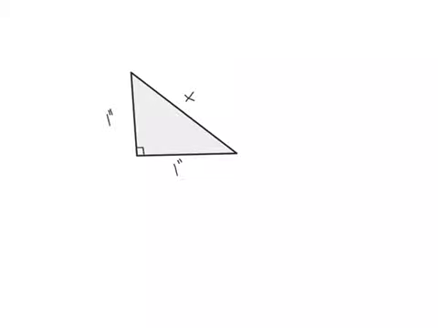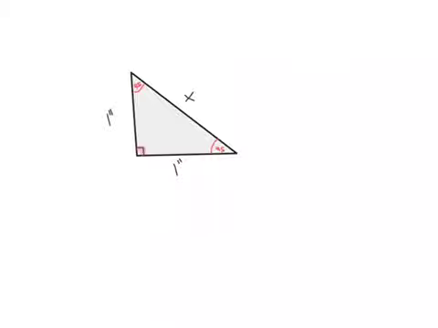Now, one thing to notice is when your sides are the same, your two other angles have to be the exact same measure. There are 180 total degrees in a triangle, and we already know that this is 90 degrees. And if the other two are exactly the same, that would mean that they would have to be 45s. Because 45, 45, and 90 would make 180 degrees.